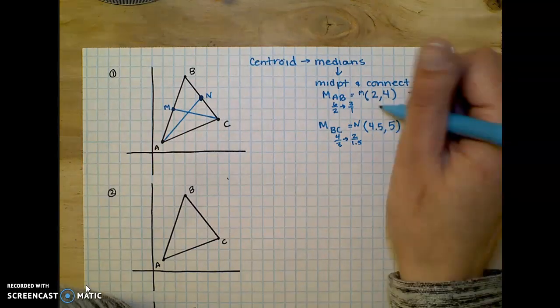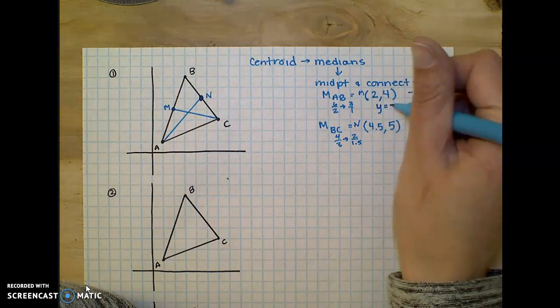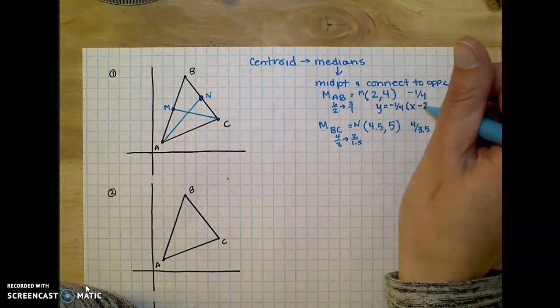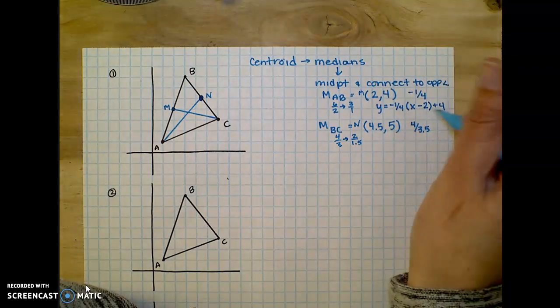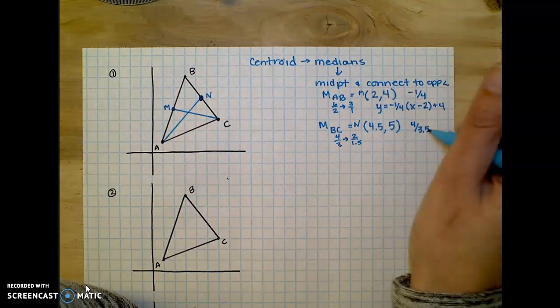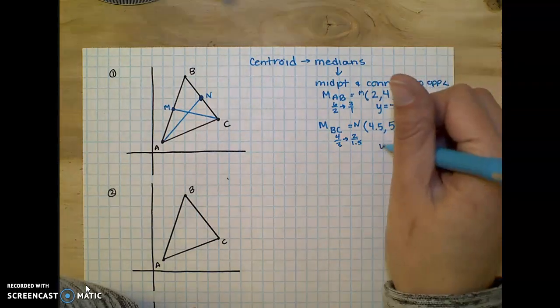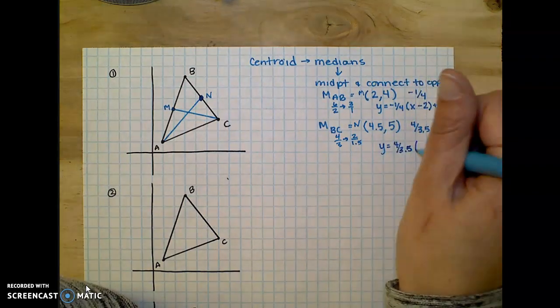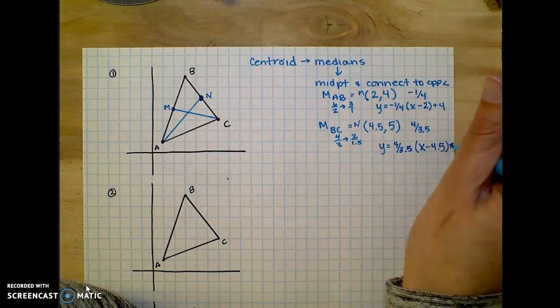If I were to write the equation, I would put it in point-slope form. I would write y equals -1/4 (x minus 2) plus 4, because that is your slope and that is the point that it goes through. Here I would probably change that, but I would write y equals 4 over 3.5 (x minus 4.5) plus 5.